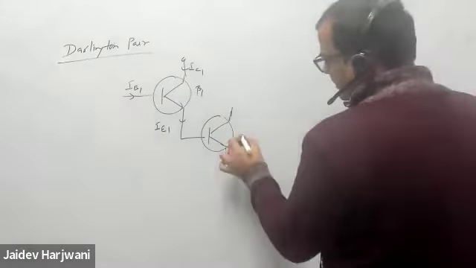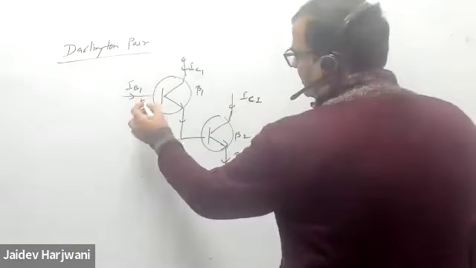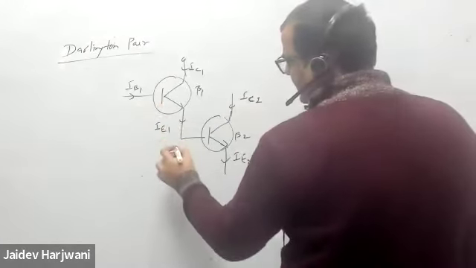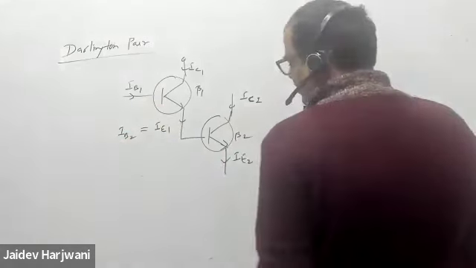Okay, and this current I say IE2, and this current IC2. Now automatically I can write here, because this IE1 is basically IB2.